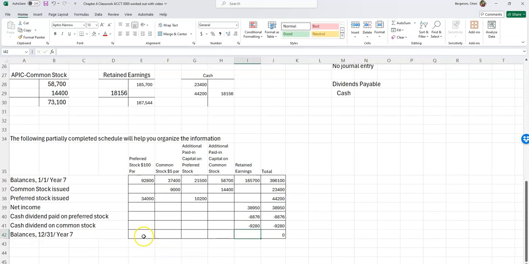So now my new balances, I'm just going to be going from what I started with, adding up anything that I added, to get to my new balances.